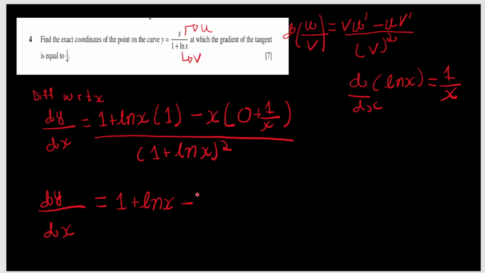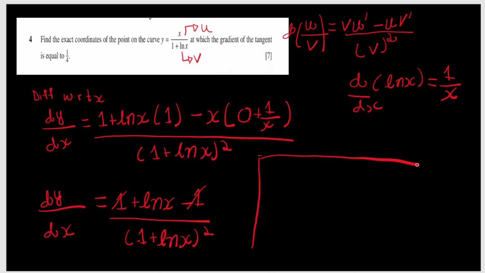So minus 1 over 1 plus ln x square. You also see that the 1 and minus 1 are going to get cancelled, because 1 minus 1 is equal to 0. So we are left with dy over dx is equal to ln x over 1 plus ln x square.